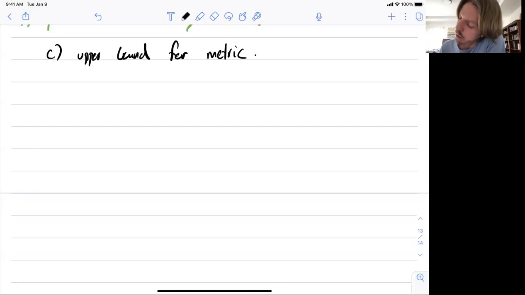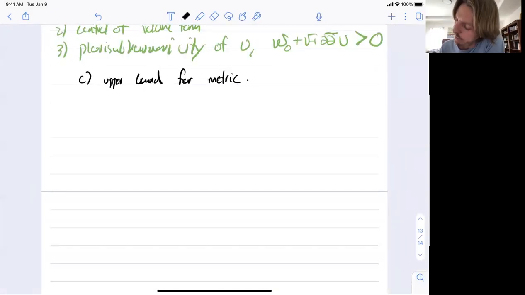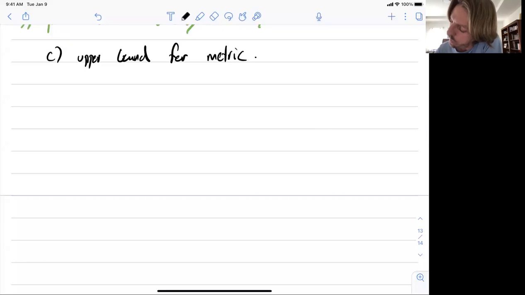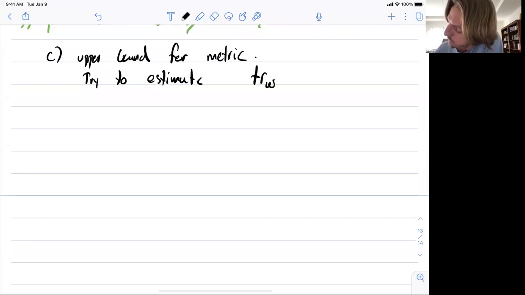To do this, again, we basically have no choice. We can try to estimate the trace with respect to the initial metric of the moving metric.